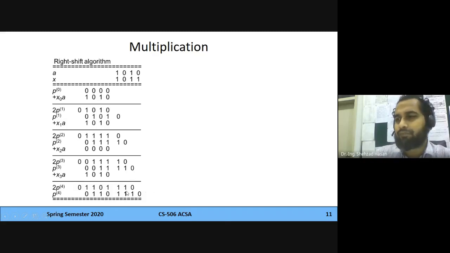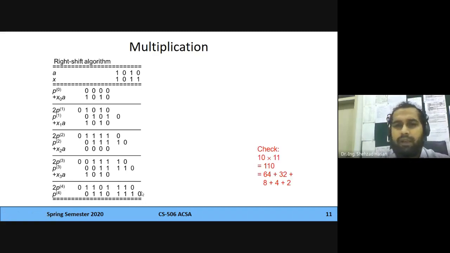You can do it yourself as well if you want. We have 10 times 11, which should be 110, and what we obtained is also 110: 64 plus 32 plus 8 plus 4 plus 2. So that's the right answer. There is nothing difficult over here.